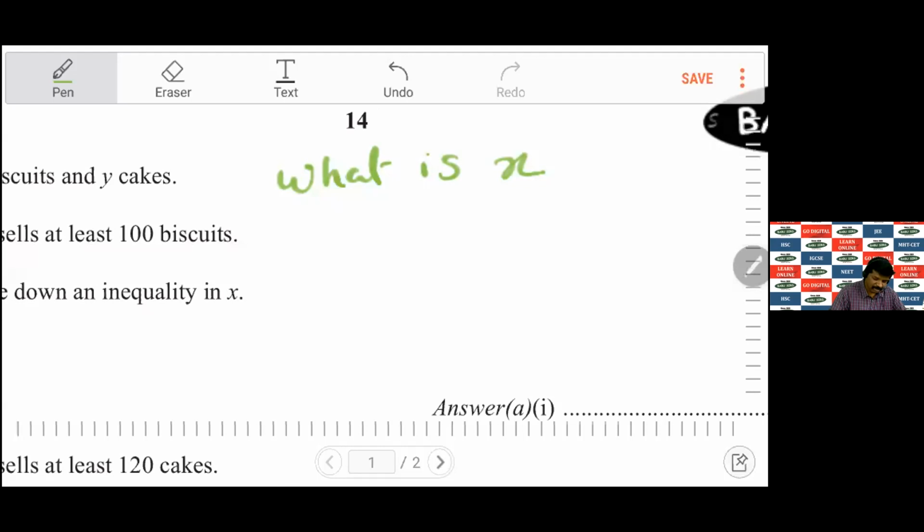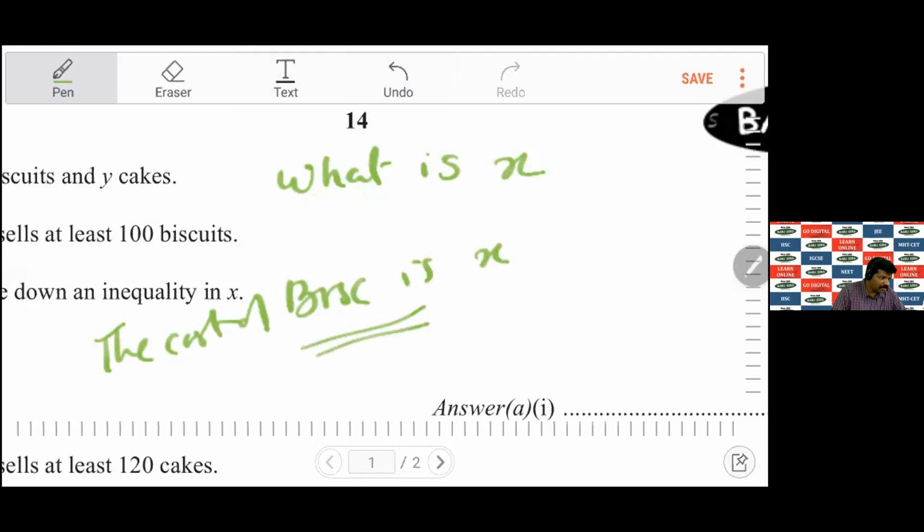How many biscuits? If it were the value of the biscuit, it would have been written like the cost of biscuit is X. But it is not written like that.